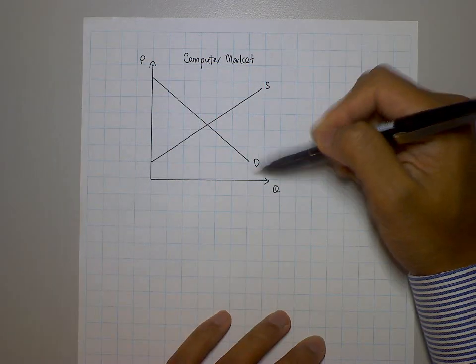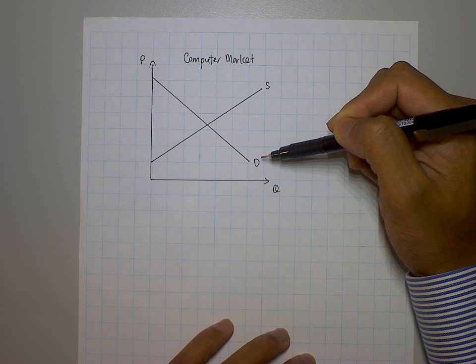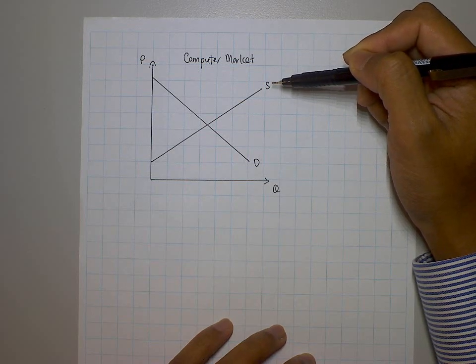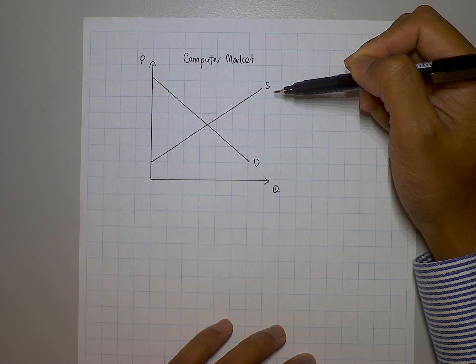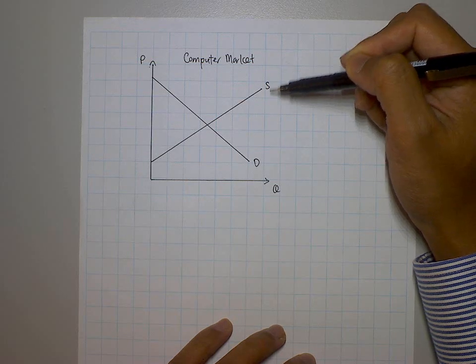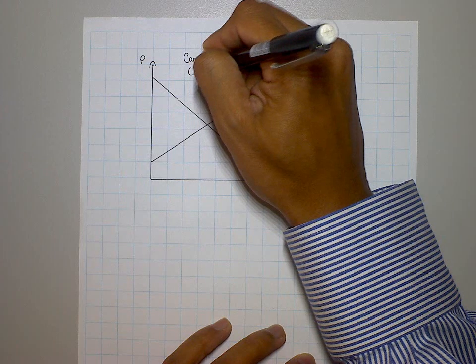So this demand curve represents all the consumers in Australia who would want to buy computers. This supply curve represents all computer producers in Australia. So it doesn't include computer producers overseas. This is only producers of computers in Australia. So I'll put down Australia over here.